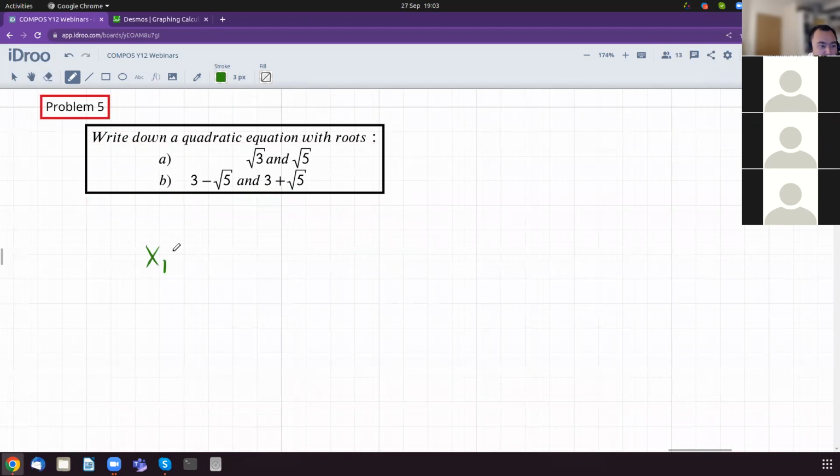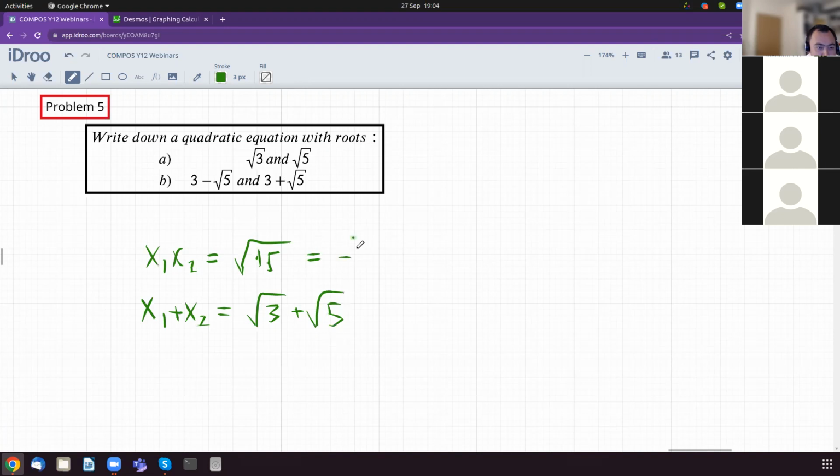We have x1 times x2 is square root of 15, and x1 plus x2 is square root of 3 plus square root of 5. That is equal to c over a, and this is equal to minus b over a, with ax squared plus bx plus c equals 0.